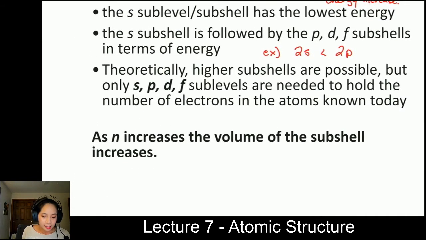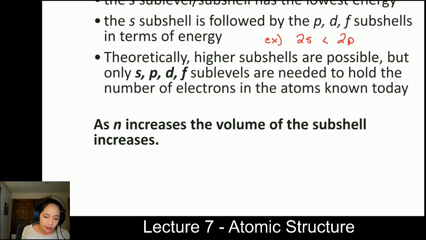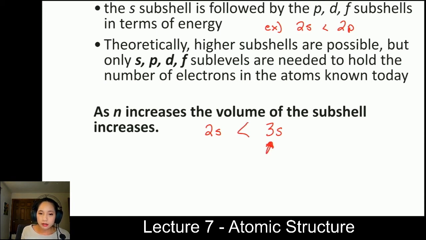And then lastly, as n increases, the volume of the subshell also increases. What we mean by that is, if I compared a 2s subshell or sublevel to a 3s subshell, the 3s subshell would have more energy and would be larger in volume.